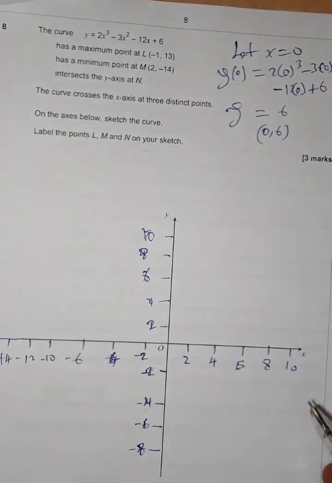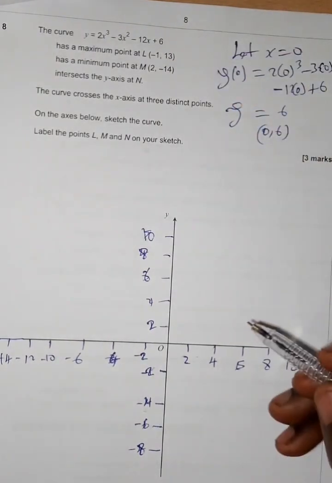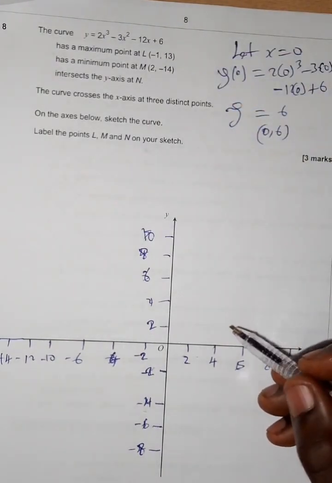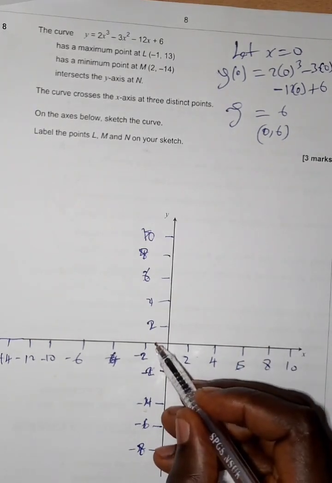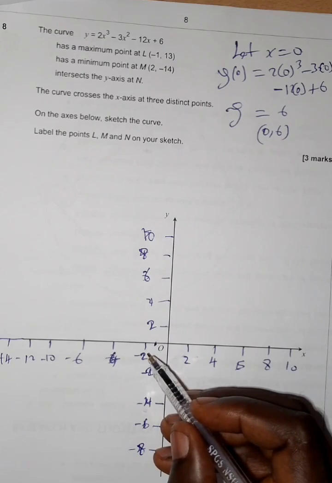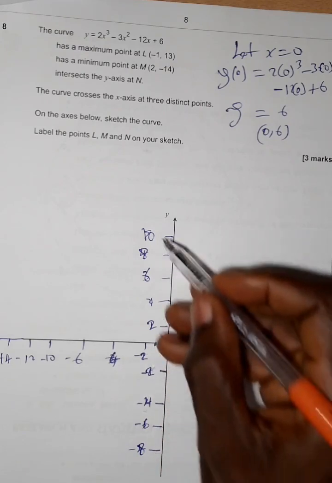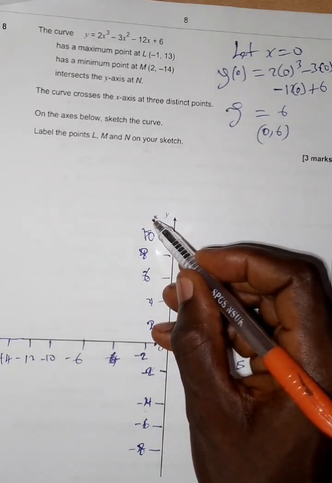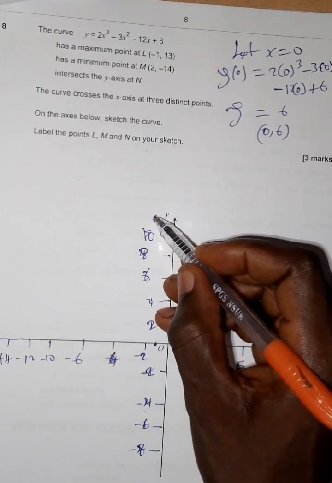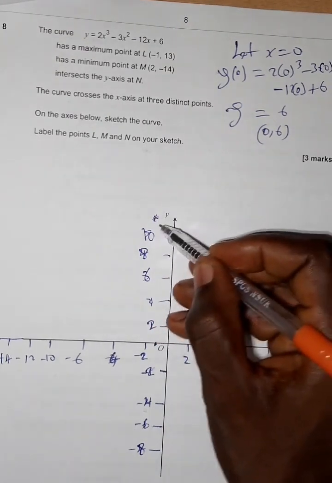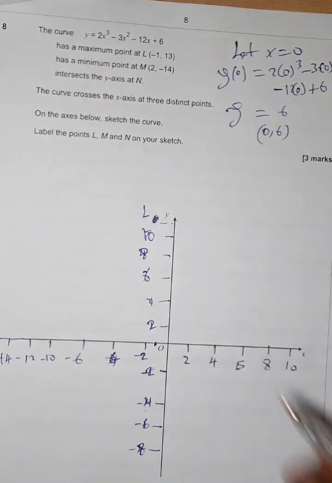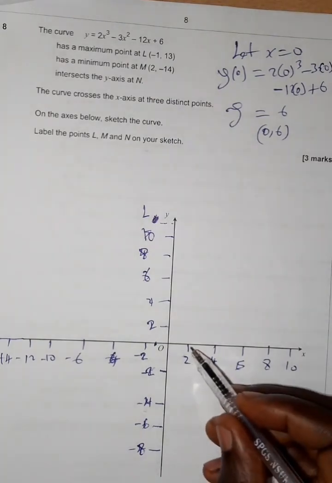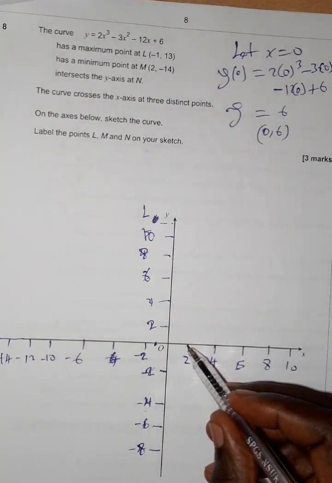So to plot this, the first point L, when x is minus 1, y is plus 13. So plus 13 will be around this area, so they will meet here. Yeah, this is 13. We have the point here, that is L. Then the next one is x is plus 2, but y is minus 14.